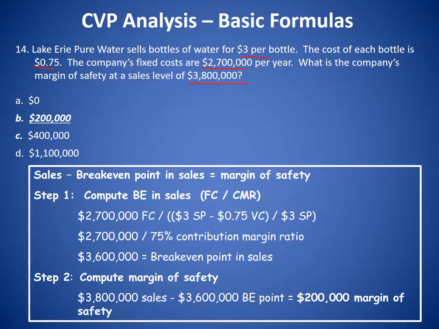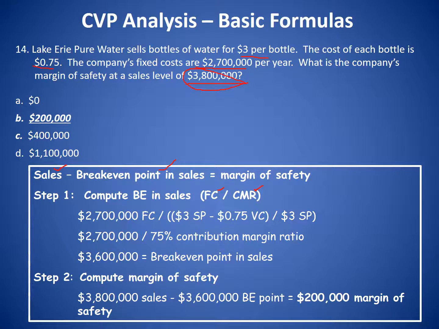So in order to do that, the margin of safety is equal to our sales, which we already have, the $3,800,000, minus our break-even point in sales. So step one, we have to compute the break-even point in sales. And in this case, it's our fixed cost divided by our contribution margin ratio.